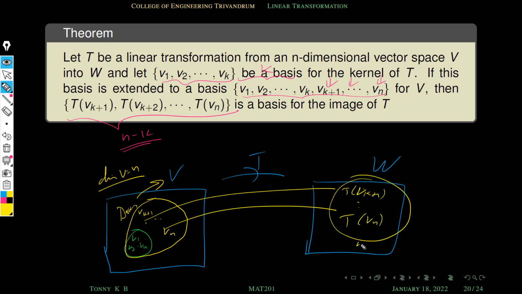It contains n minus k vectors. Then this result says that this new set is a basis for the image of T. So you can easily find a basis for the image of T. Once we have the basis, you can generate the image by taking linear combinations, that is, the span.